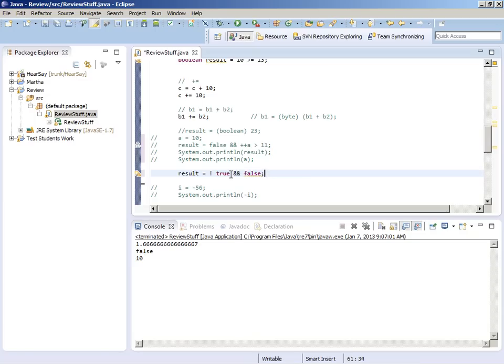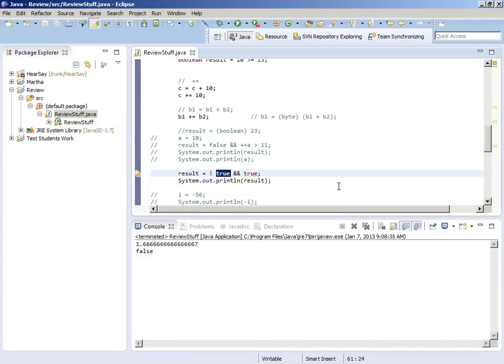Which happens first? In general, the unary operators, that means operators that have only one operand, have the highest precedence. So a cast operator is a very high precedence operator. A not operator is very high precedence. What's not true and true? Well, it's going to be false, but the order of things is that this happens first.